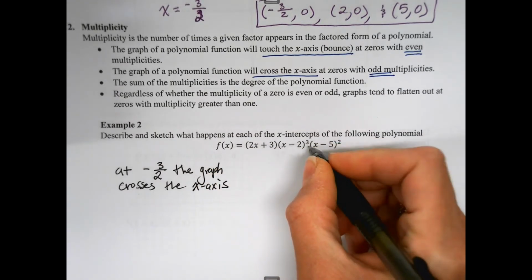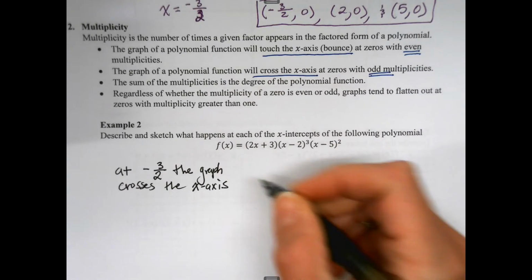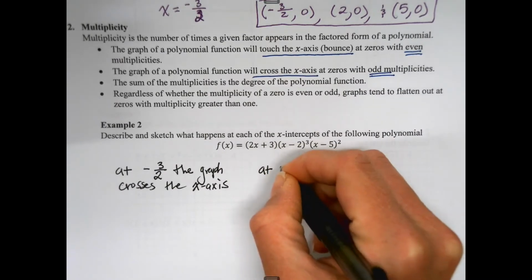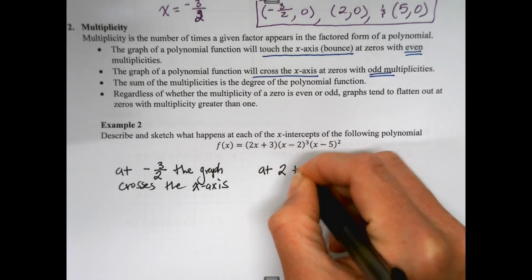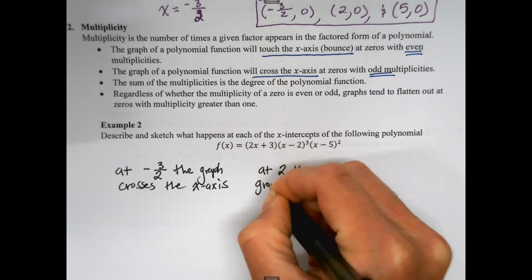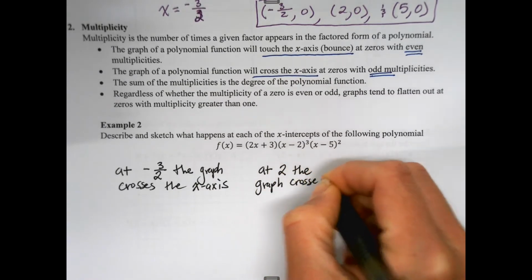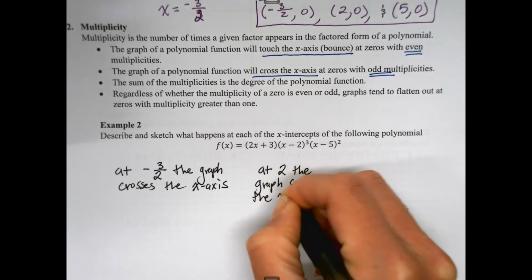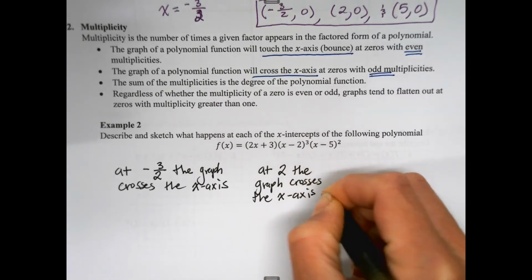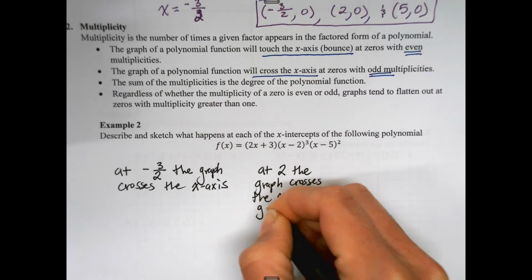And then here with the third, at +2, the graph crosses the x-axis, but gets flat.